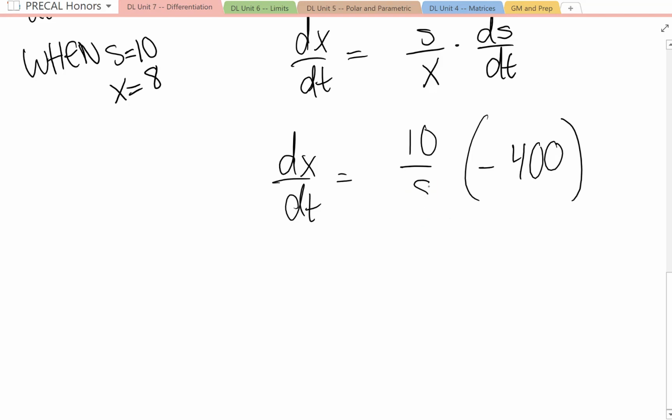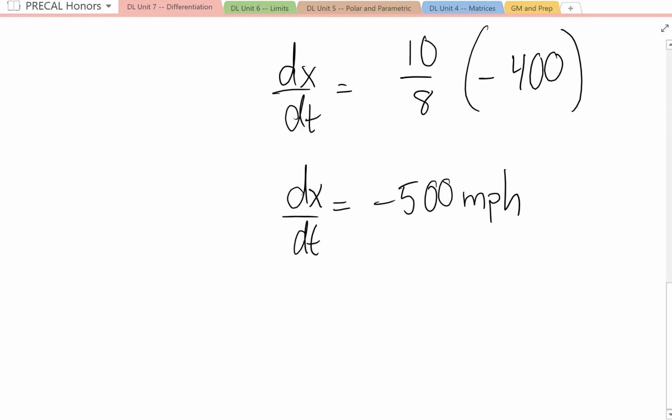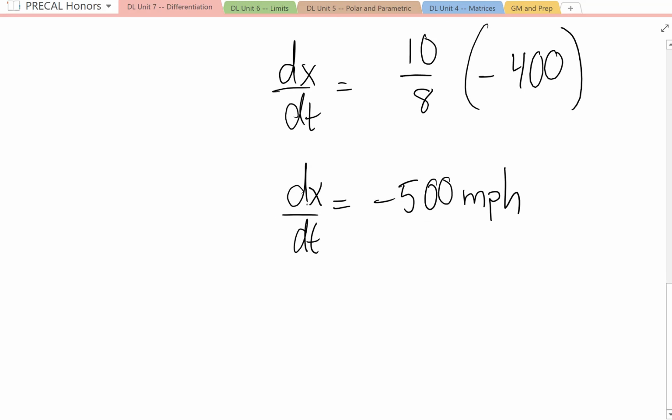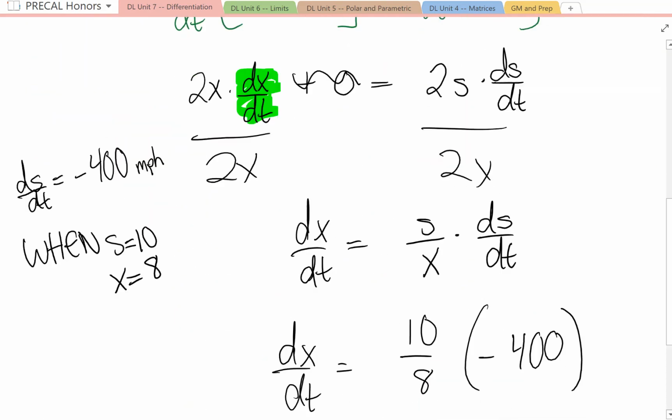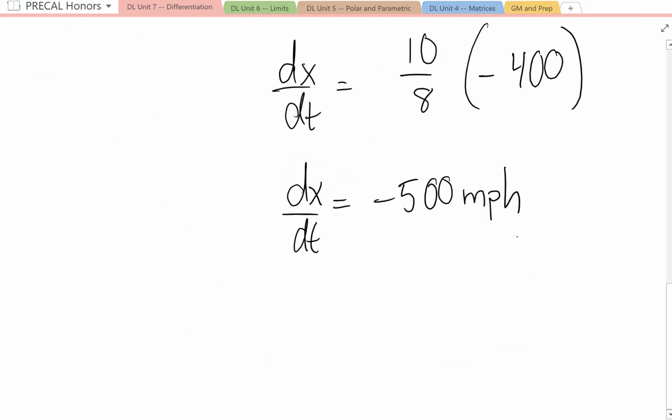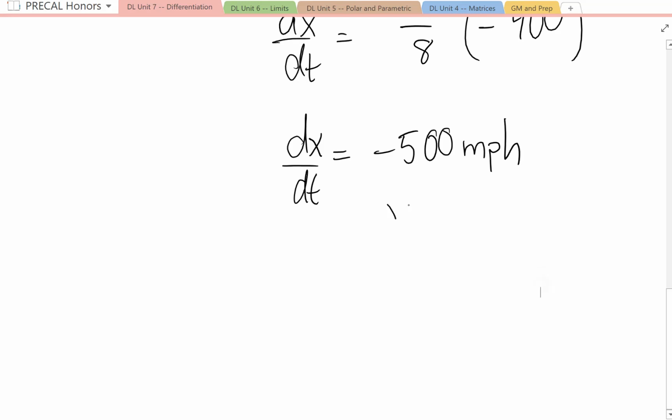So sometimes the given information, you still got to do a little bit more work to get what is given to you, okay? They gave us s equals 10, but we had to find what x is when s is equal to 10 in order to truly find the change in the speed. And again, the change in x, the change in that base distance of the triangle with respect to time, is negative 500 miles per hour, okay?